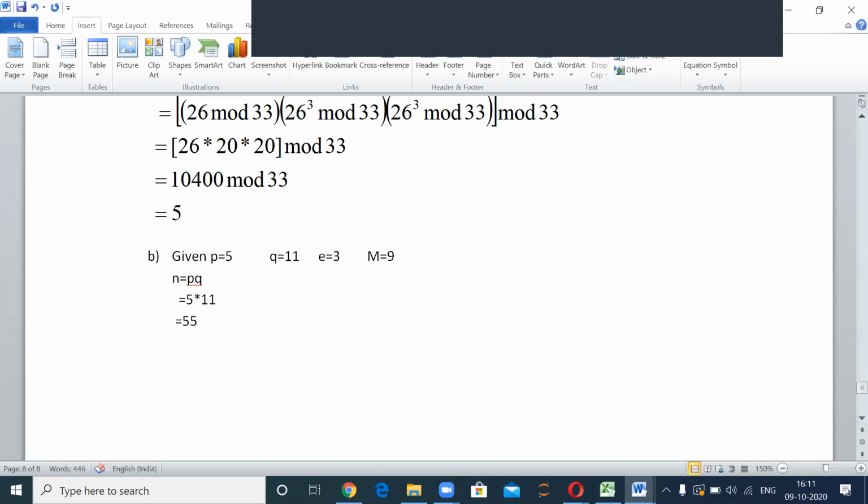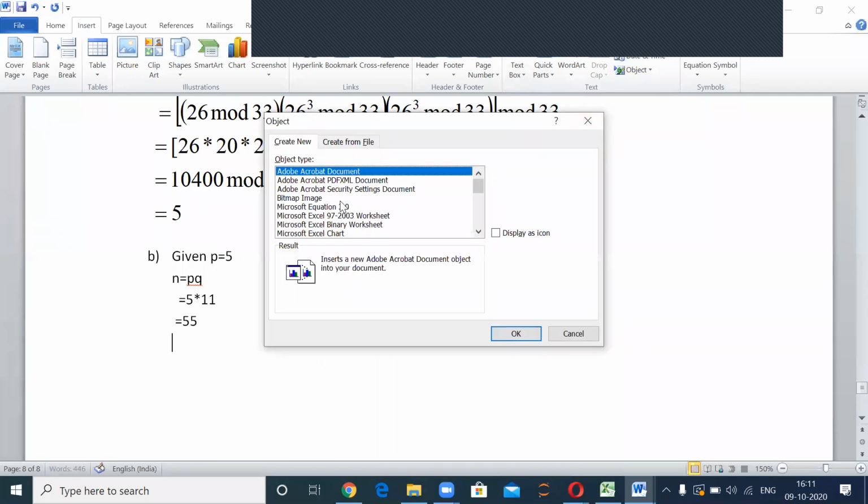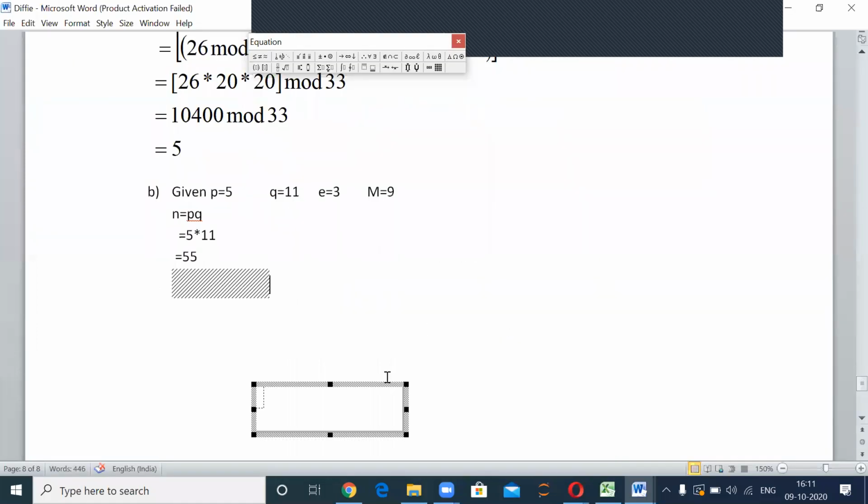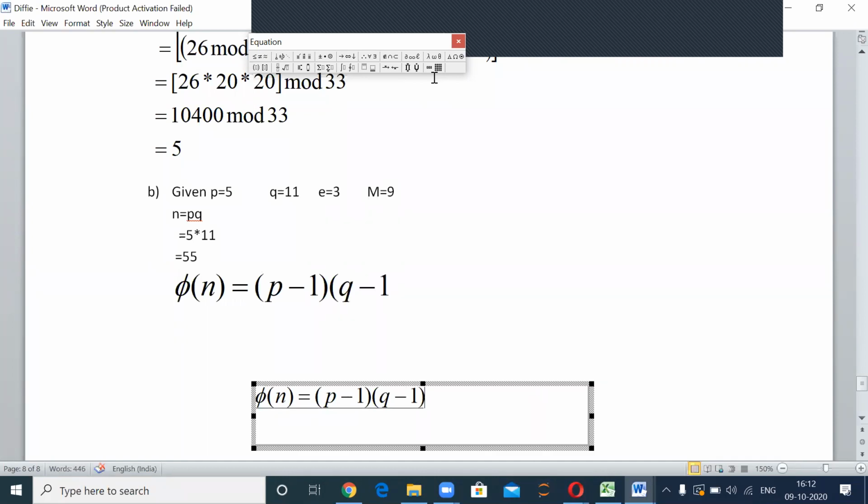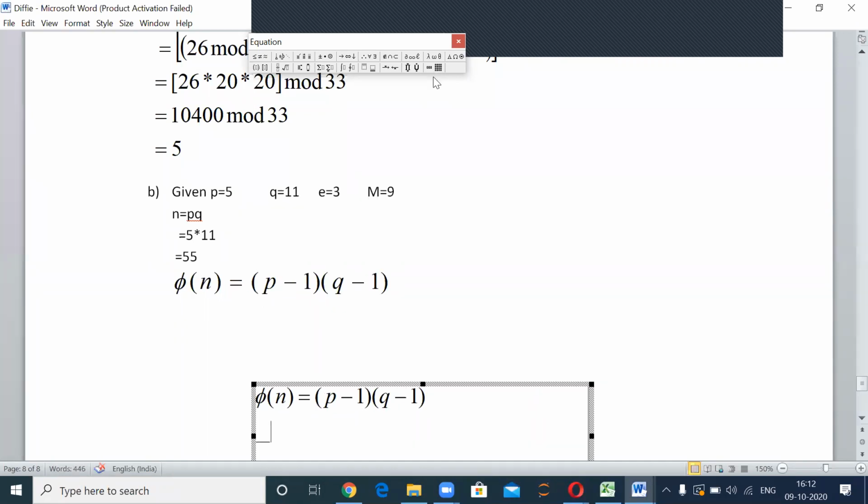And you calculate pi of n, using the formula (P minus 1) into (Q minus 1). What is P? P is 5 minus 1 into Q is 11 minus 1.